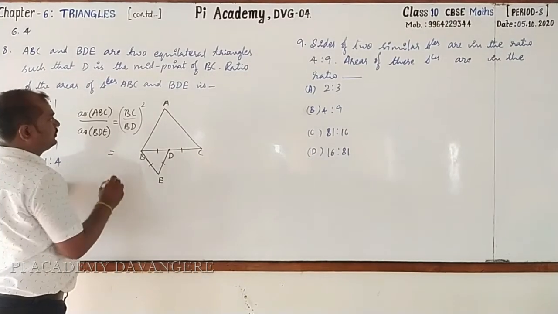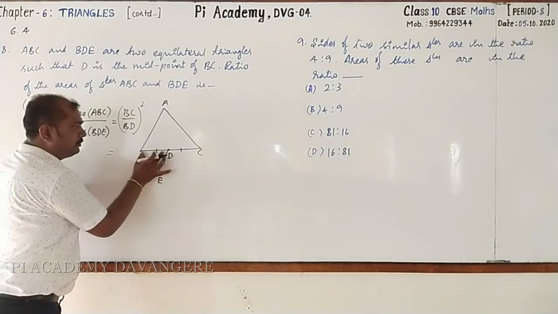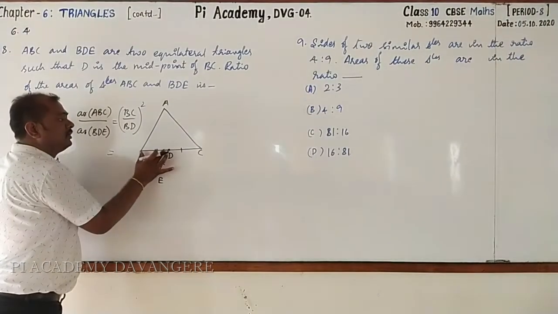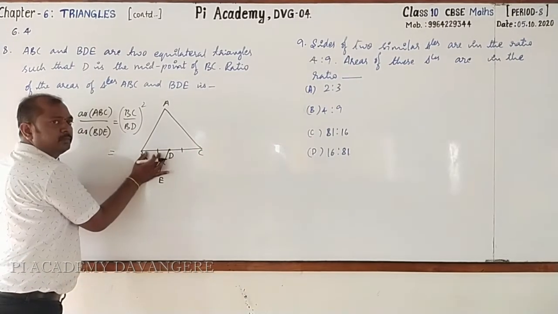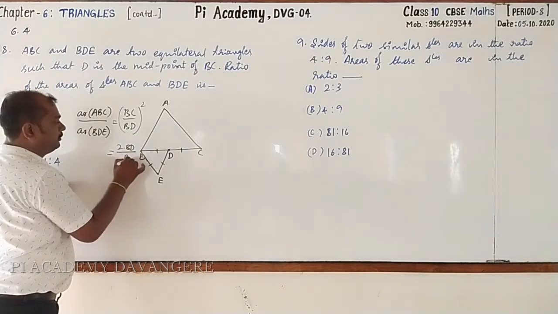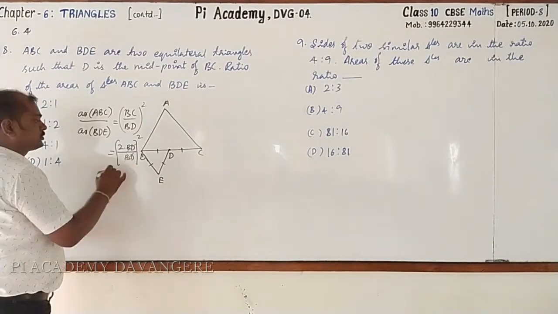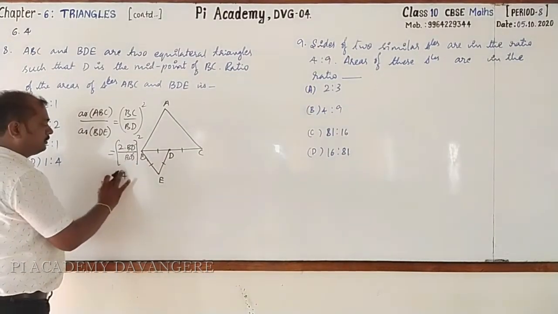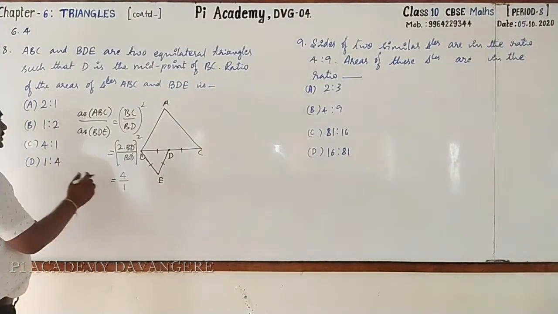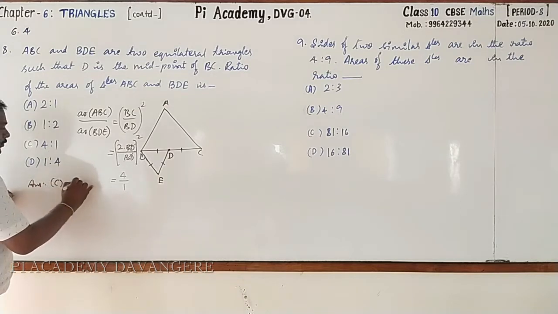As D is the midpoint of BC, BD equals CD, and this is half of BC, or else BC is 2 times BD. Here I'll write 2 times BD, then by BD, whole square. Then BD and BD get cancelled. 2 square is 4. 4 can be written as 4 by 1. Now what is the ratio? It is 4:1. Hence the answer is option C, 4:1.